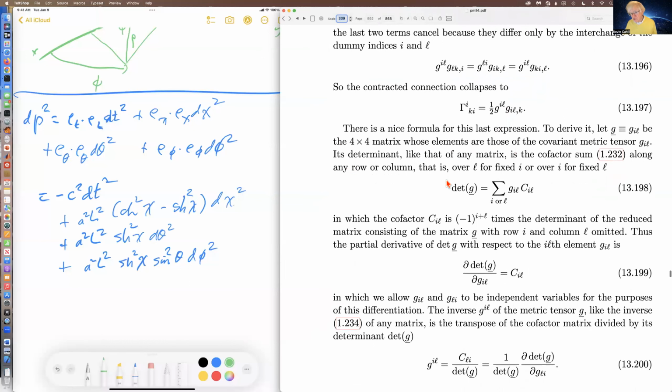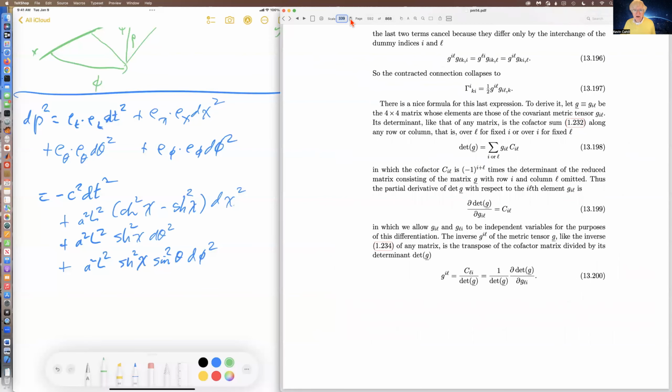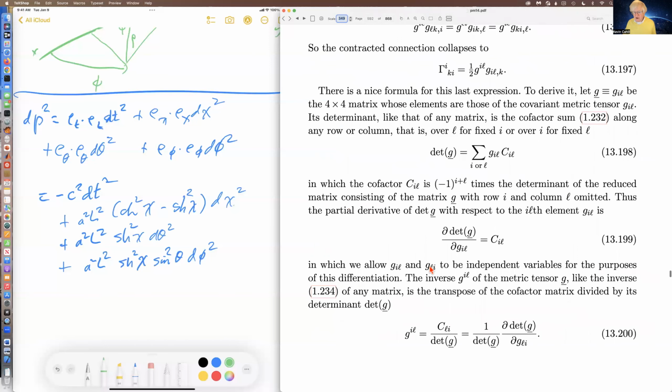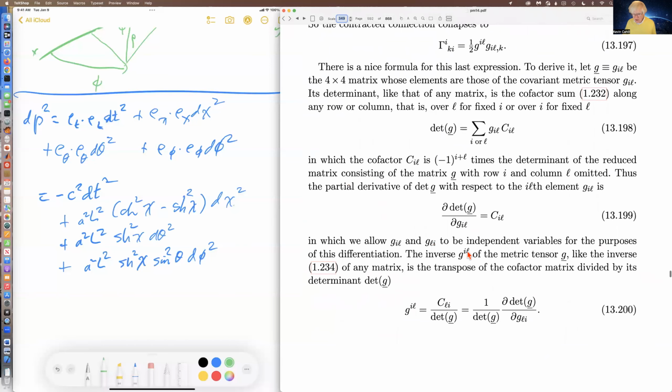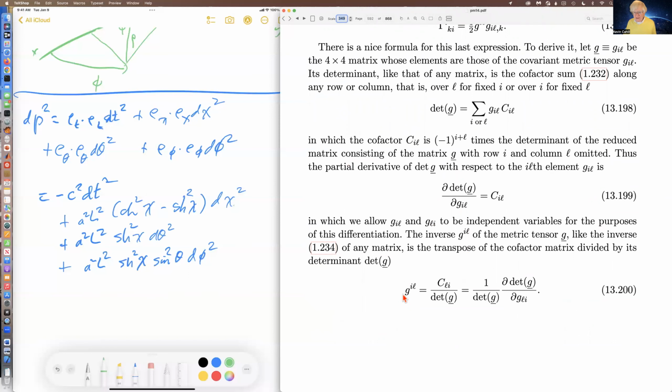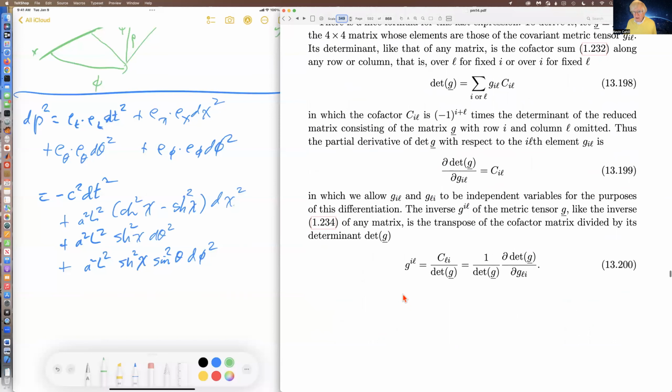And then you use the tricks for the determinant. The determinant is the sum over i of, you go across a row or down a column, and you multiply by the cofactors. On the other hand, the cofactors are the derivatives of the determinant with respect to the elements of the determinant, and the inverse of the metric tensor is the transpose of the matrix of cofactors divided by the determinant.